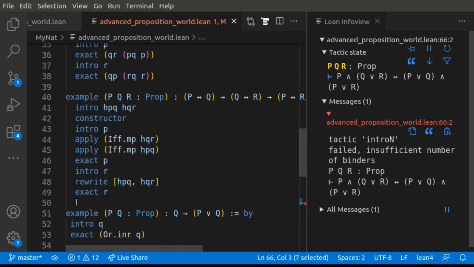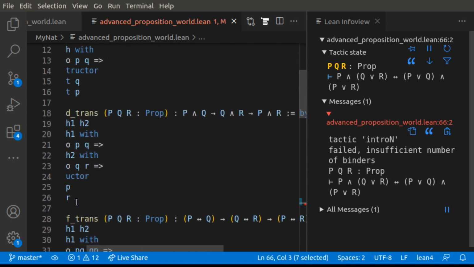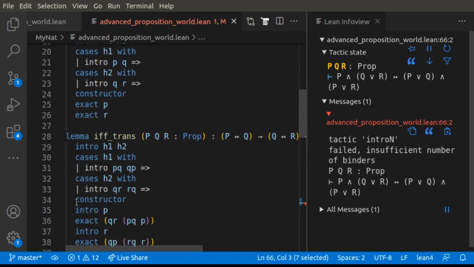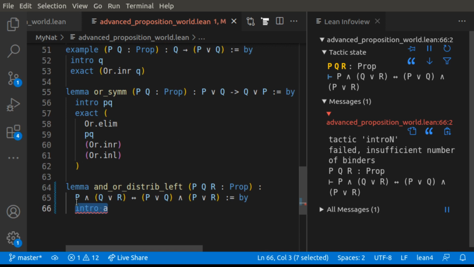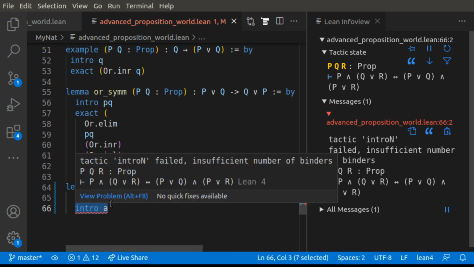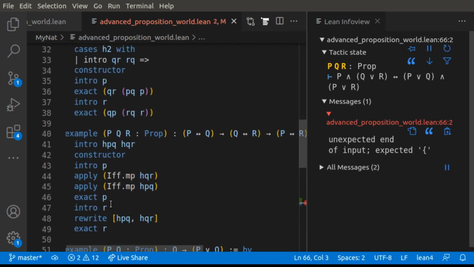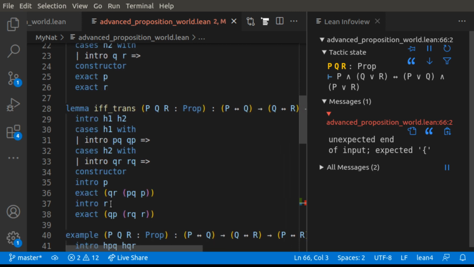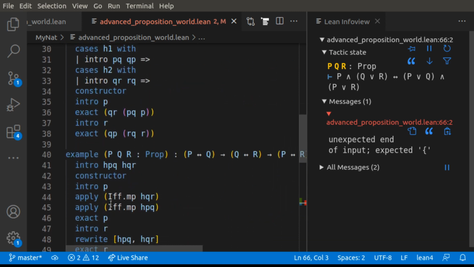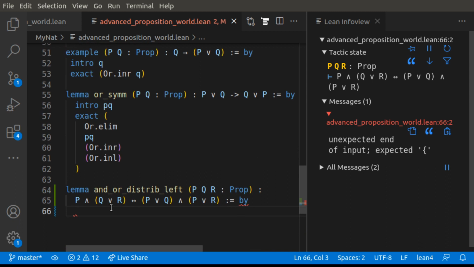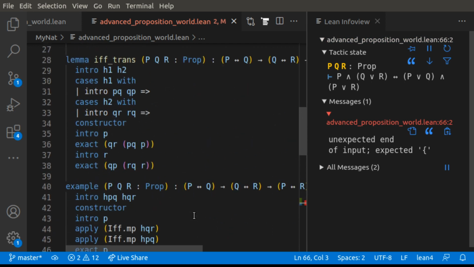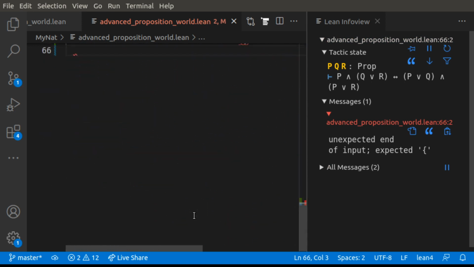Okay, so I think since we just have an if and only if, there's not one implication, we can't intro anything. So we can either do cases or start applying stuff. I guess we're going to do cases.